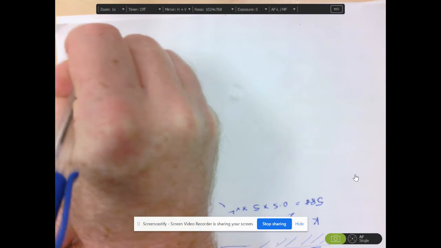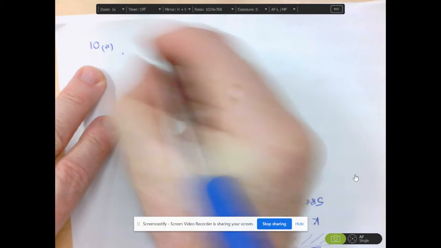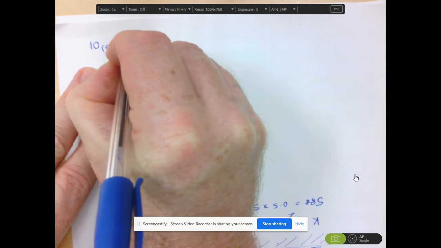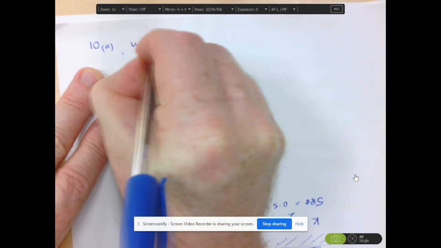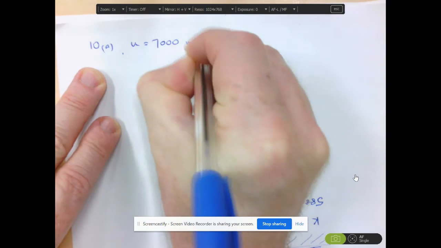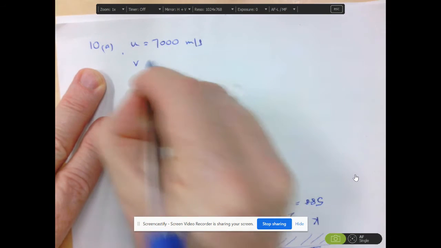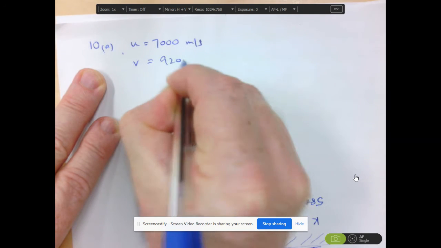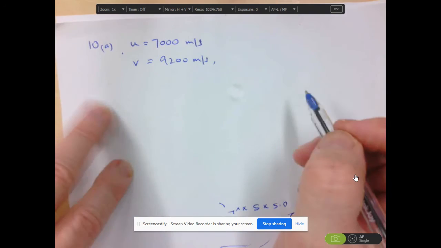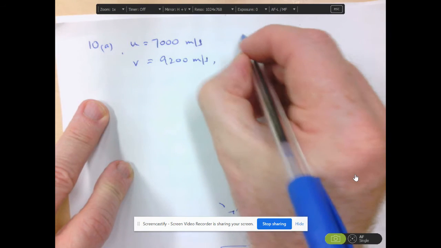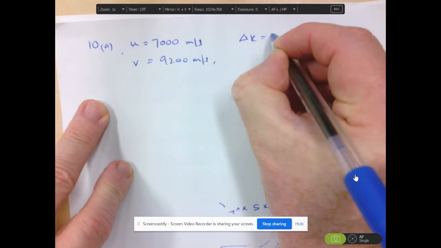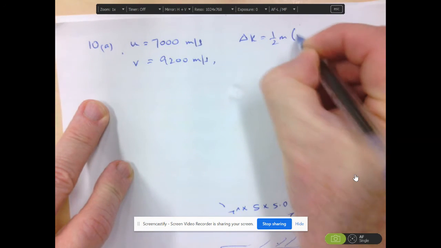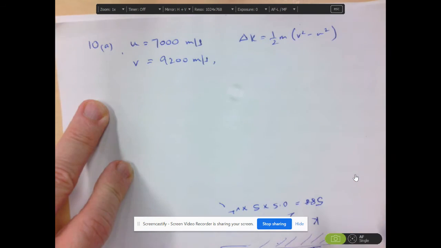So 10a has us accelerating from our initial velocity of 7,000 meters per second to a final velocity of 9,200 meters per second. So the change in kinetic energy, delta K, is equal to a half m v squared minus u squared.